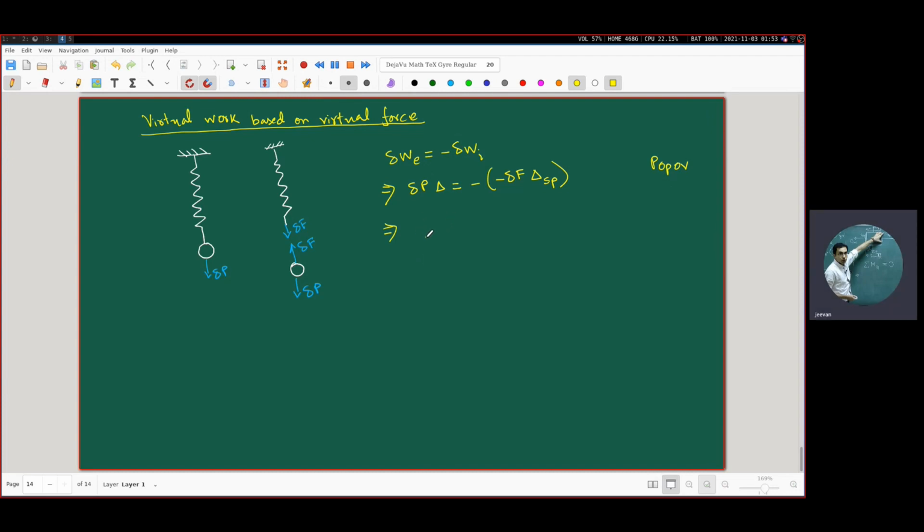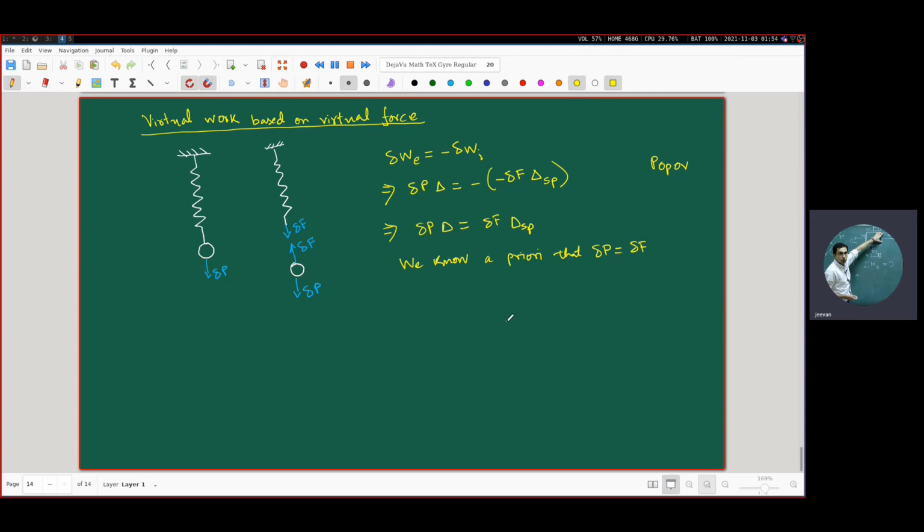Now, what we are going to say here is, let me write this one more step. Now we know a priori, and this is where we use our knowledge of mechanics, that delta P is equal to delta F. Here we are allowing ourselves this knowledge from mechanics, meaning Newtonian mechanics.